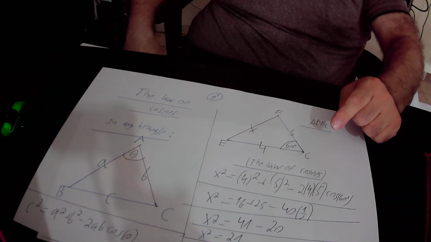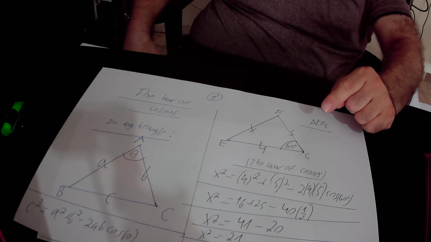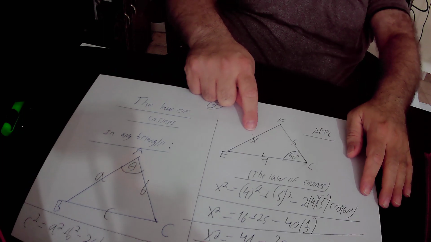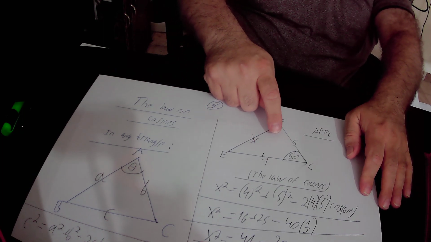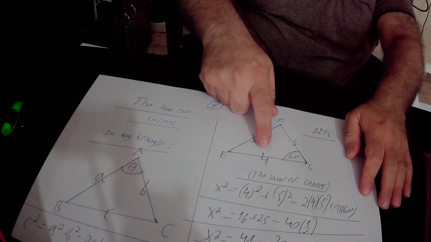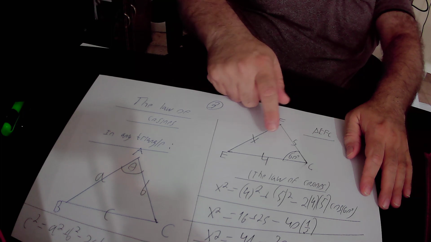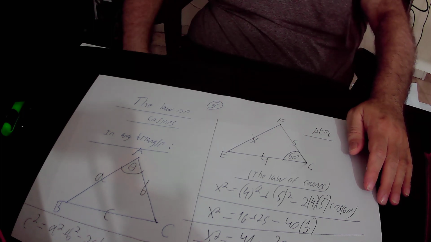According to the law of cosines, we get that x squared equals 4 squared plus 5 squared minus 2 times 4 times 5 times cosine 60 degrees.